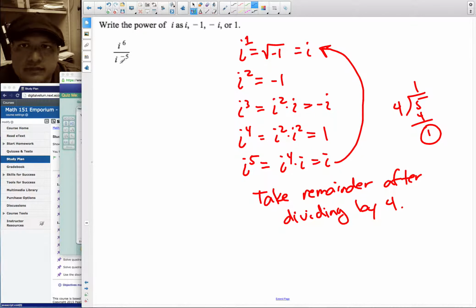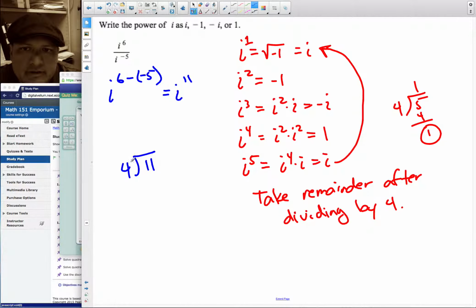So here we apply our rules. We can convert this right away, but we're actually going to use our rules of division. When we divide exponents like this, we subtract whatever's on the bottom. So this is going to become i to the 11th. Now we use this rule. 11 divided by 4 is 2, the remainder is 3, so it's going to be negative i.